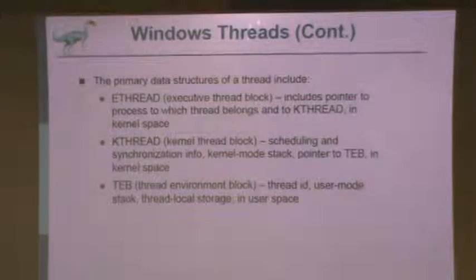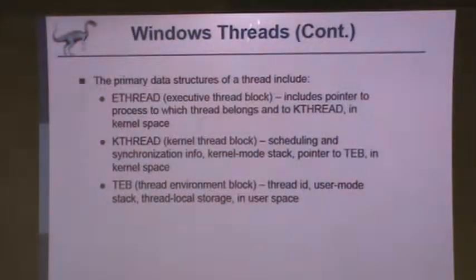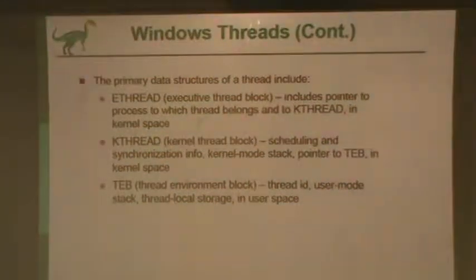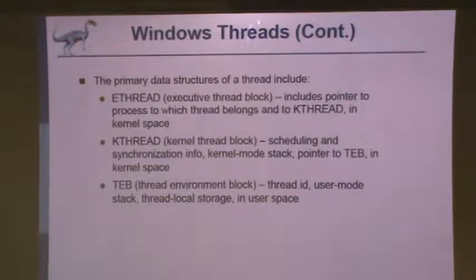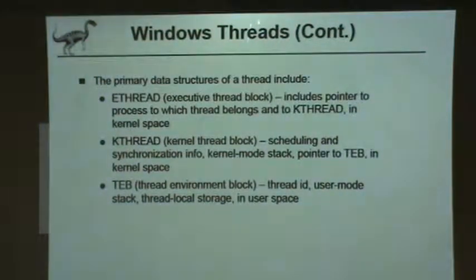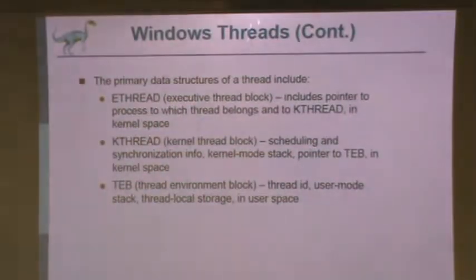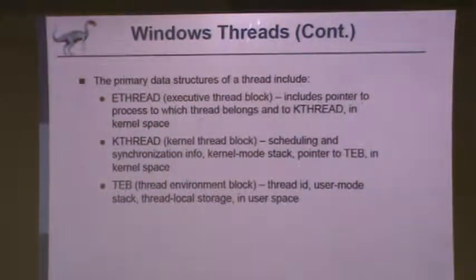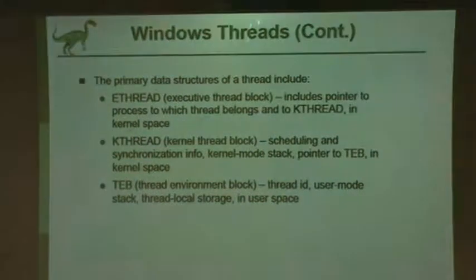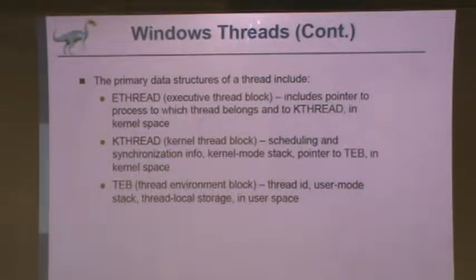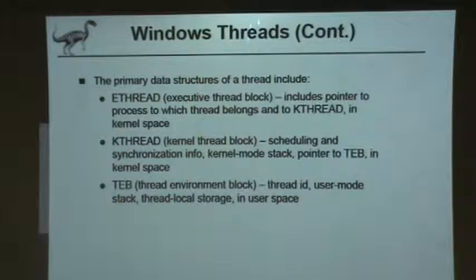After that, we create a kernel thread block, and the thread has a pointer to the kernel thread block. When we reboot the computer, the first process is the kernel. After these two threads are created, the system is booted.